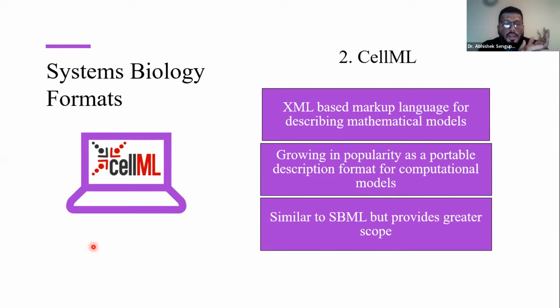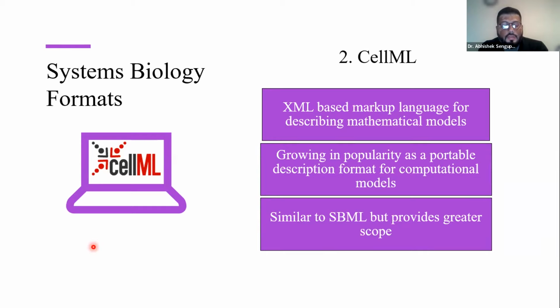It is represented in another format called CellML, which is again an XML-based format. It also describes mathematical models. It is similar to SBML, but it provides greater scope of model modularity and reusability, and it is not specific to descriptors of biochemistry.